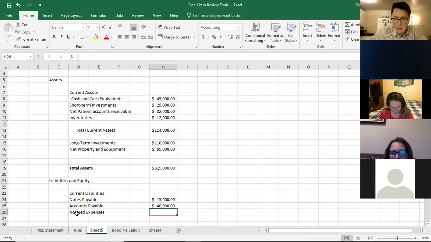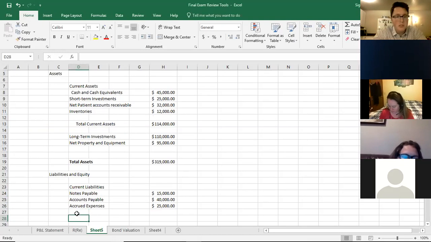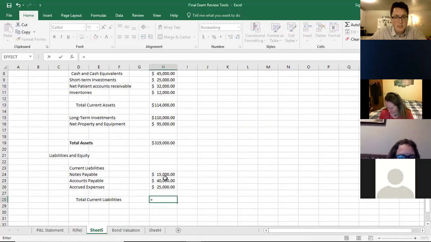And we'll put accrued expenses at 25,000. And then we'll have our total current liabilities here. And that's going to equal the sum of all my current liabilities.